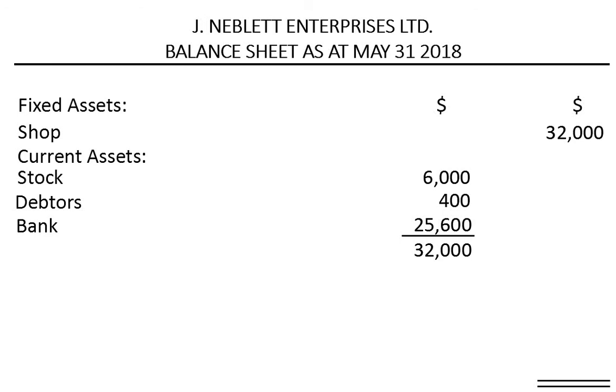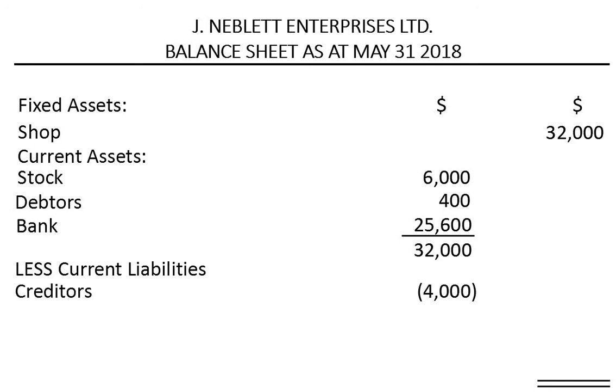And remember, the equation said assets less liabilities is equal to capital, so therefore we have to take away our current liabilities from our current assets. And our current liabilities is our creditors at the end of the month, which is $4,000. So we take away that $4,000 from our total current assets, and now we get $28,000.